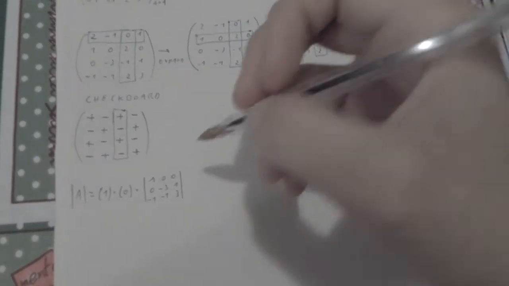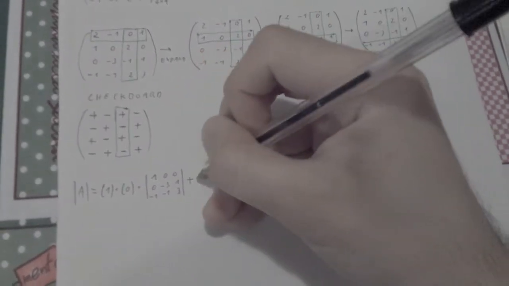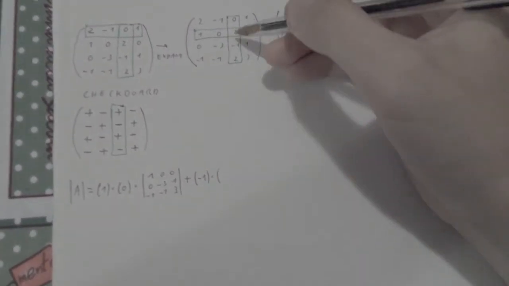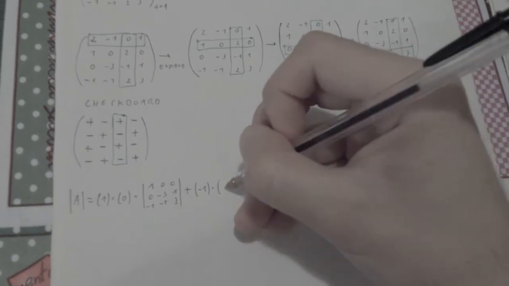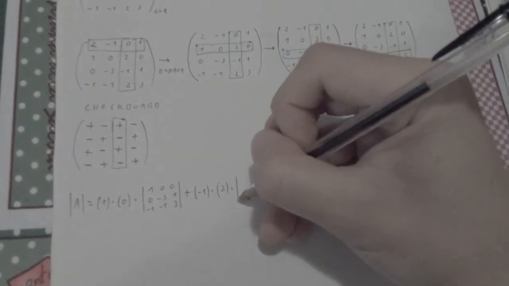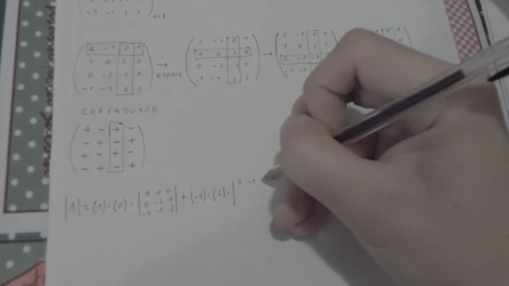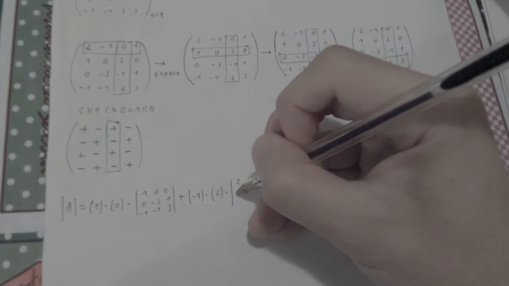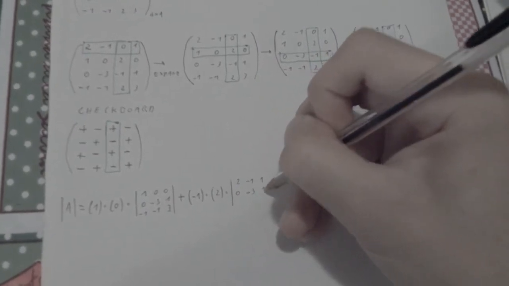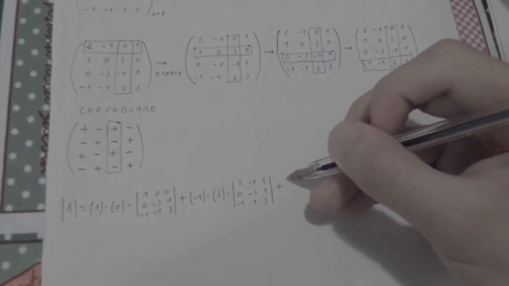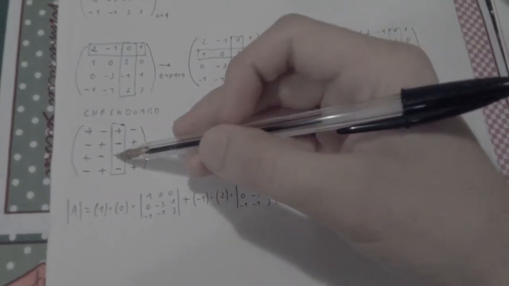And then again, we have a minus sign here. So we say -1 times the other number, which is 2 in this case, times the determinant of the matrix that is left out: 2, -1, 1, 0, -3, 1, -1, -1, 3. Plus, once again, we go back to a plus sign.